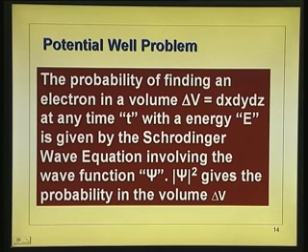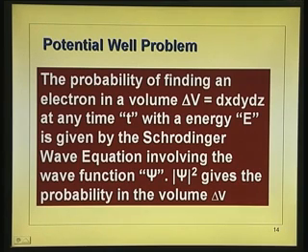Psi is the probability function, implying psi square modulus integrated over a volume delta V, integrated over the entire volume from minus infinity to plus infinity, will give the total probability of finding a particle in that volume.